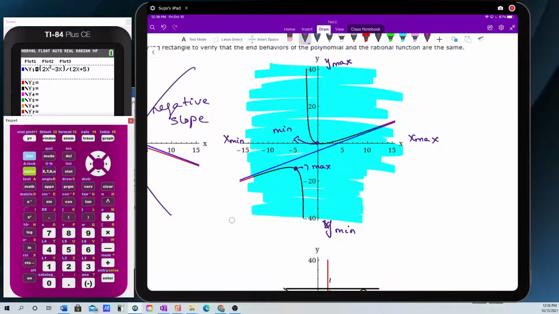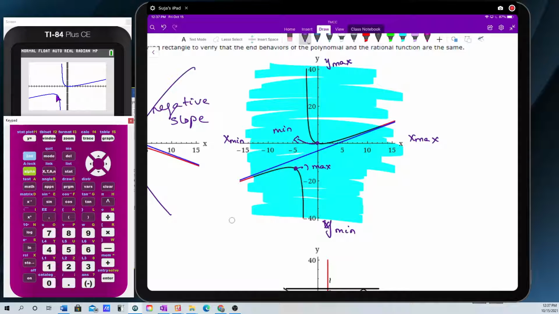X minimum negative 15, x maximum 15, and I'm going to keep the scale 1, it doesn't matter. Y minimum negative 40, and y maximum 40. Hit graph. And you see the graph, and it matches with what I'm seeing here.